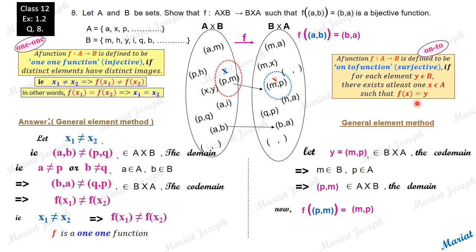Hence, this given function follows the definition of onto. So we conclude that this function is an onto function. A function which is 1-1 and onto is called a bijection. Hence, this given function from the set A cross B to the set B cross A is a bijective function.